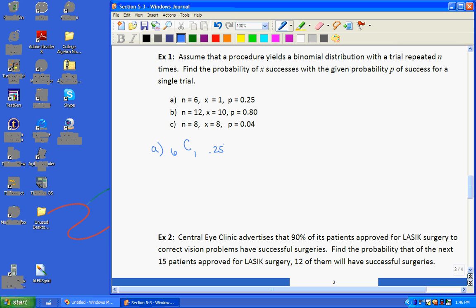The probability of a success is 0.25, and that's only going to happen once. But the probability of a failure is 0.75, 1 minus 0.25, and out of the 6 trials, that's going to happen 5 times. So I can put that all in my calculator. Remember to type in your 6 first before you go get your NCR function in your calculator.